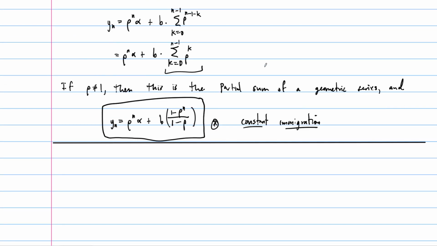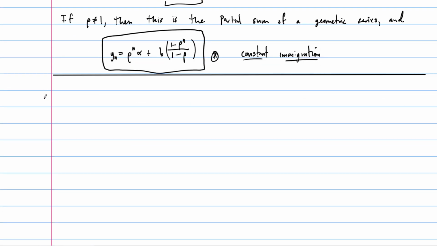Now here is an example. Find a solution. So solve this first order difference equation given by the following. So y0 equals alpha. So alpha here is initial population. I'm not giving you a value for it, but initial population.